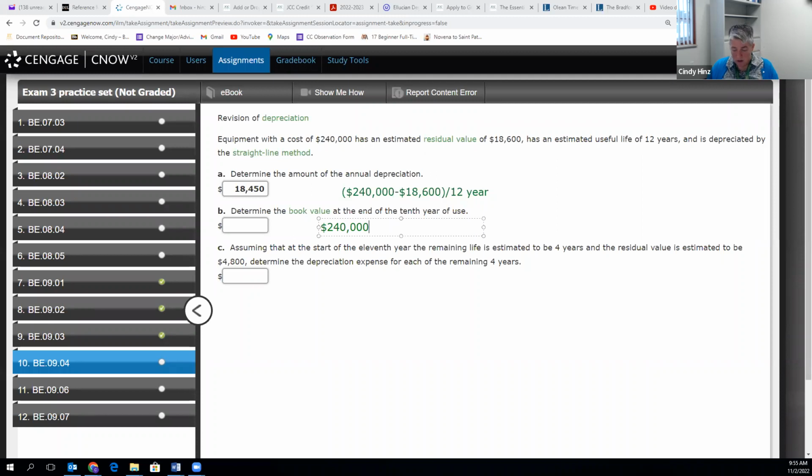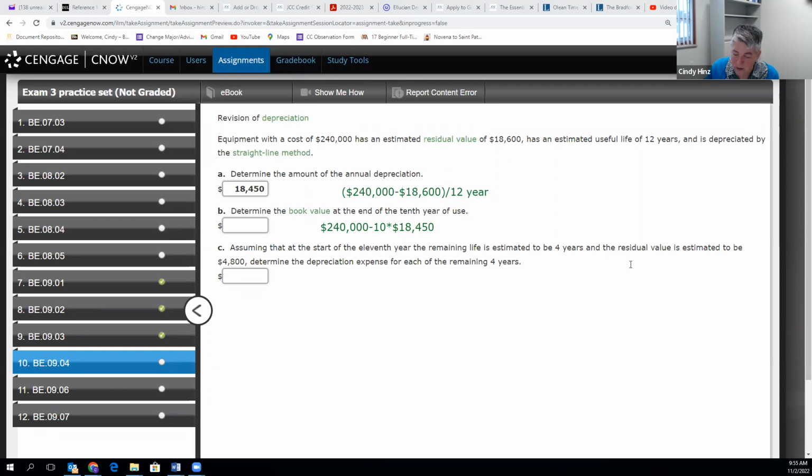And so at the end of 10 years, we have recorded 10 years at $18,450. So 10 years at $18,450, we've recorded a total accumulated depreciation of $184,500.